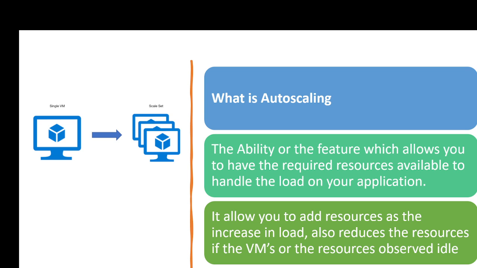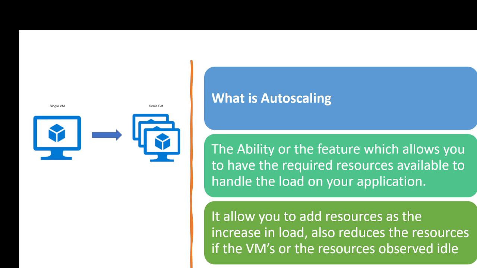Like that, you will tell the condition. So auto scaling will monitor the utilization of the CPU and memory. As soon as the CPU and memory touch 90%, it increases the capacity of the virtual machine, or it increases the number of virtual machines, similar replicas of the virtual machines.